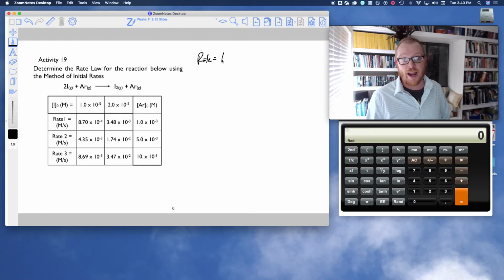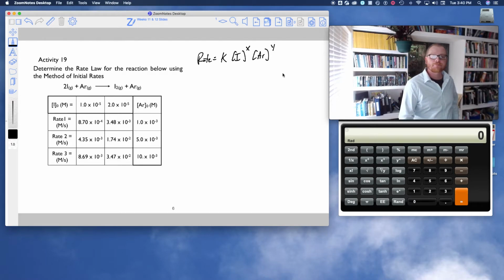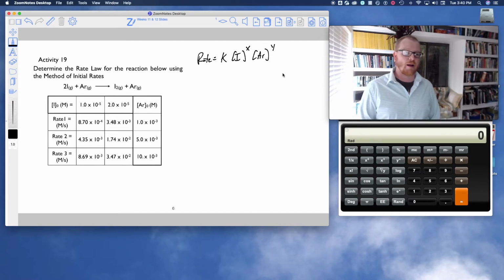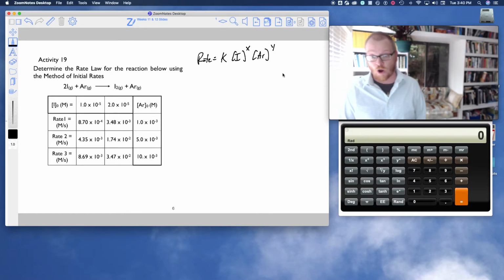And we would just say rate equals k times the reactants, so times I raised to some power that we're going to try to figure out. I'll just use the letter x. And then times the other reactant, argon, raised to some power y. And again, we have to use experimental data to figure out what those values are.